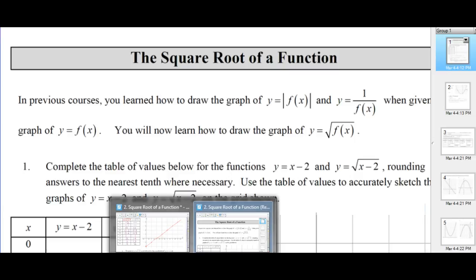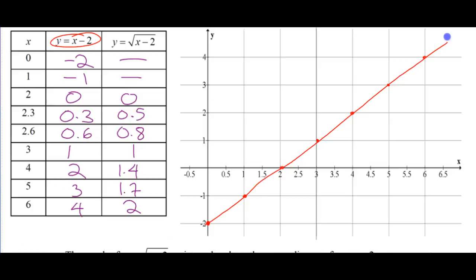And throw arrows on both ends. Goes on forever. When x is 0, y equals x minus 2 is negative 2, and the square root of negative 2 doesn't exist, right? So those negative square roots don't exist.